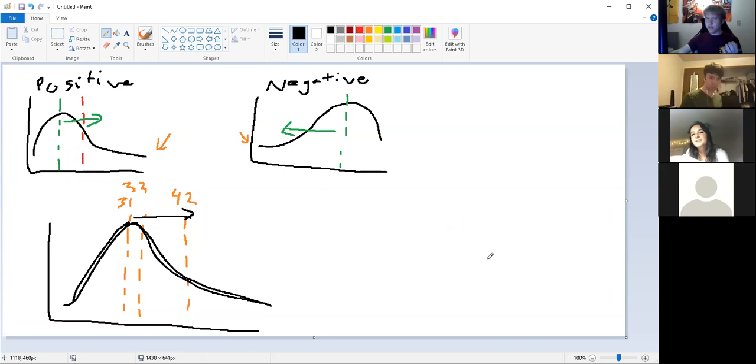You can't really predict anything about platykurtic or mesokurtic or anything like that, because you don't know how many data points are actually in the graph.